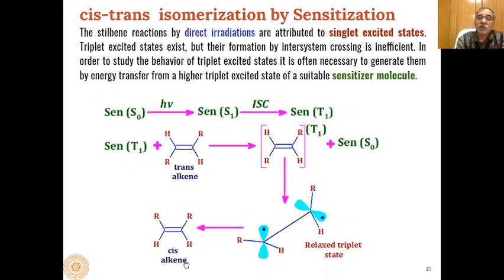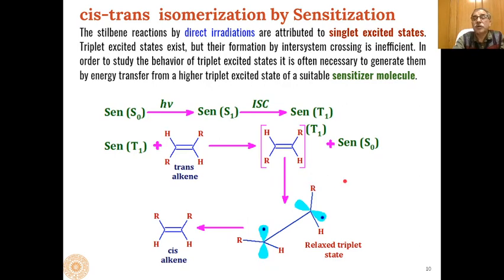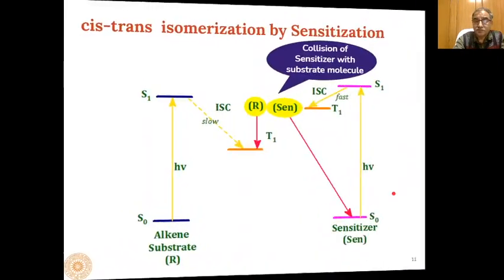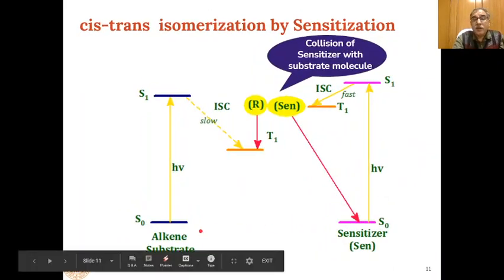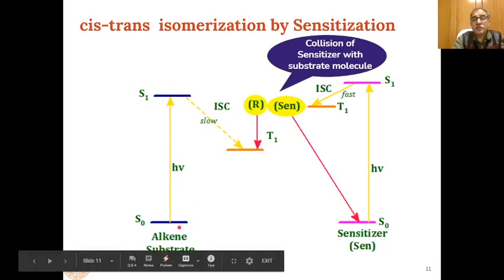So this is the mechanism of how we can get cis-trans isomerization reactions through sensitization. The most commonly used sensitizer molecules are ketones. Then this can also be explained on the basis of an energy level diagram.